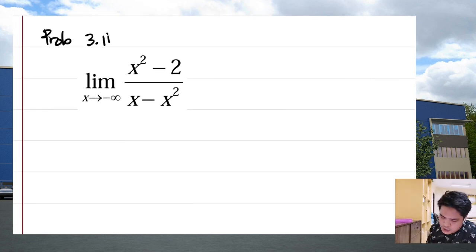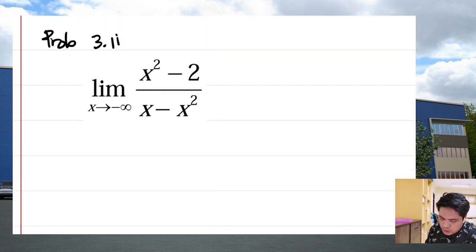3.11. So we have the limit of x squared minus 2 over x minus x squared as x approaches negative infinity. So in this one, this involves a limit that approaches infinity. Okay?